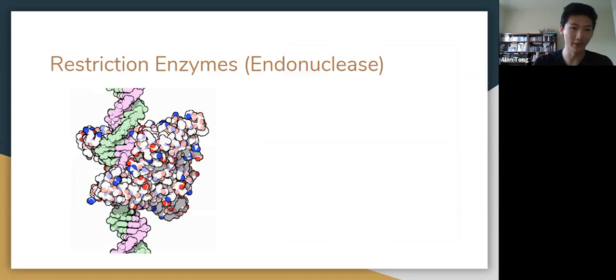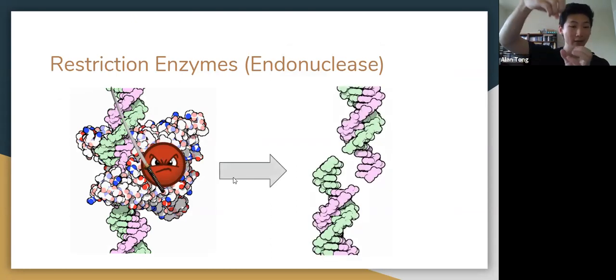This is what happens. First, your enzyme, your protein, is floating around in the bacterial cell, and it finds the DNA. It searches for that DNA, finds it, and then what? Then it activates ninja mode, right? Boom, boom. It slices through that DNA, and the DNA is broken in half.